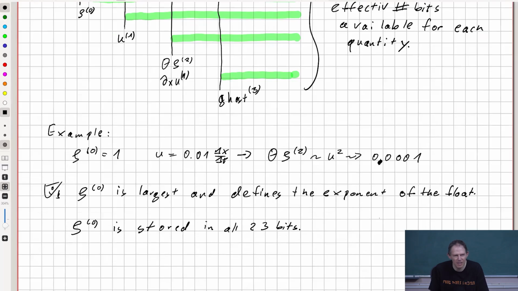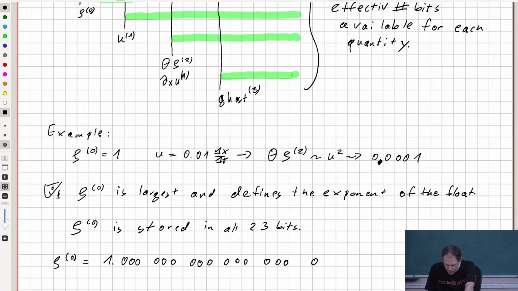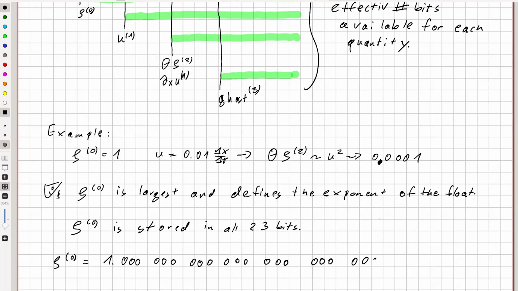Actually, the leading bit is not stored, yeah, because it's always assumed to be 1. And therefore, this thing looks like this, rho 0. Okay, I'm trying to write it down. Maybe I'm making a mistake, but it's only for getting the idea, right? So it's 1, 0, 0, 0, 0, 0, 0, 0, 0, 0. This is 0, 0, 0, 0, 0, 0, 0, 0, 0, 0, 0, 0, 0, 0, binary. So this means it's a binary number.